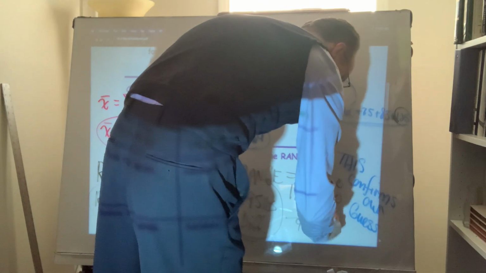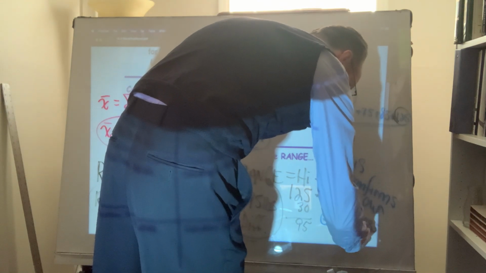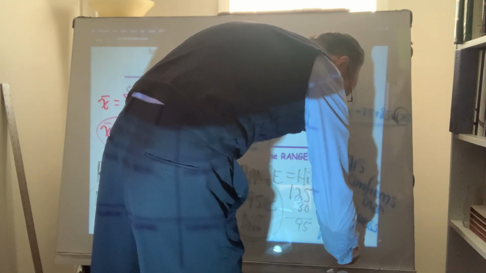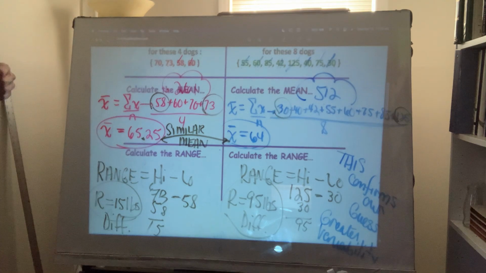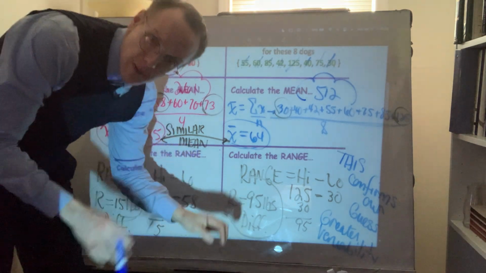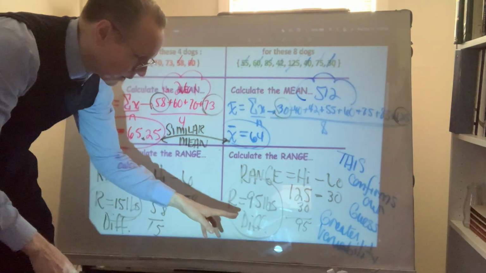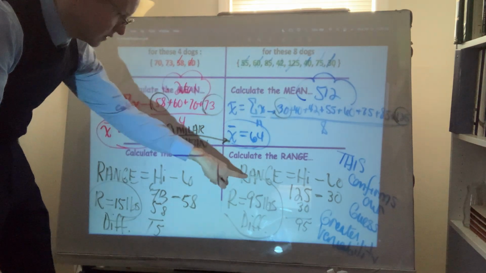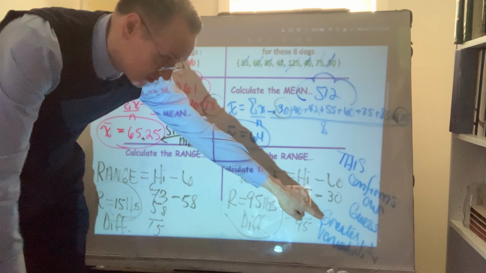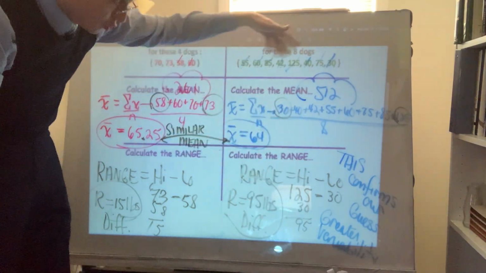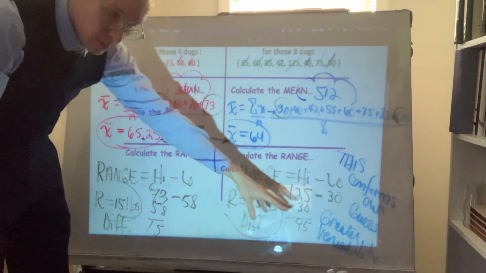All right, this has greater variability. All right, we had a picture only to sort of make that estimate. All right, but now we have some actual numbers. All right, consistently applied formulae to validate that suspicion that the 8 dogs set has greater variability than the 4 dogs set.